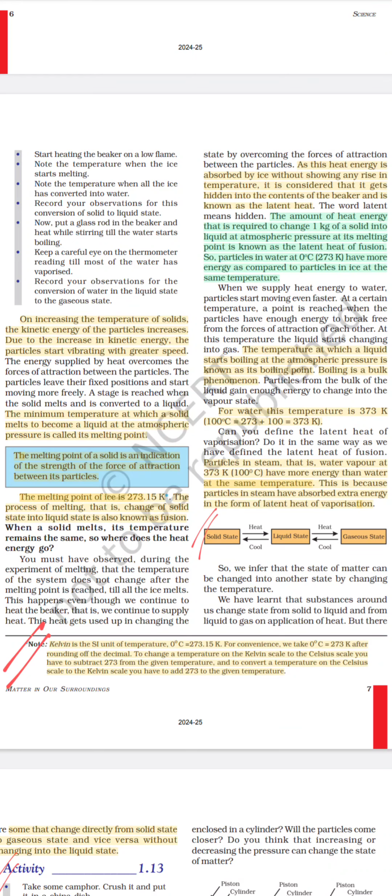To change a temperature on the Kelvin scale to the Celsius scale, you have to subtract 273 from the given temperature, and to convert a temperature on the Celsius scale to the Kelvin scale, you have to add 273 to the given temperature.